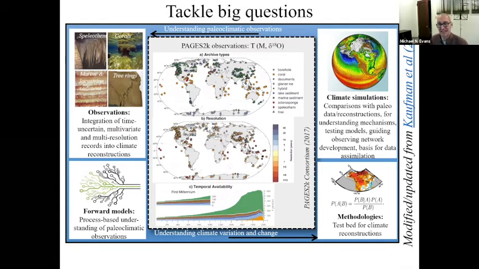So this is an example from the 2K working groups, the climate of the last 2,000 years, with which I've done some work.